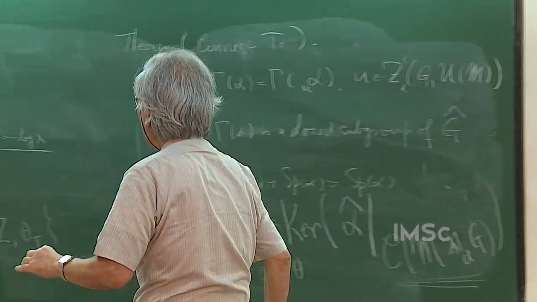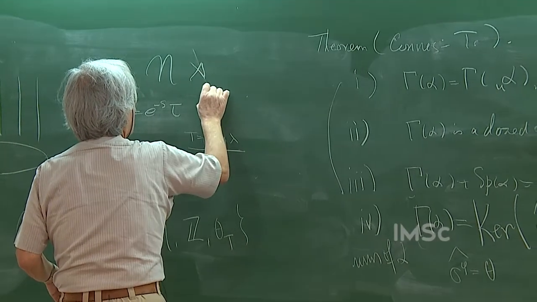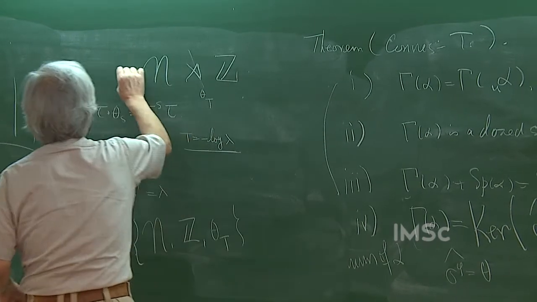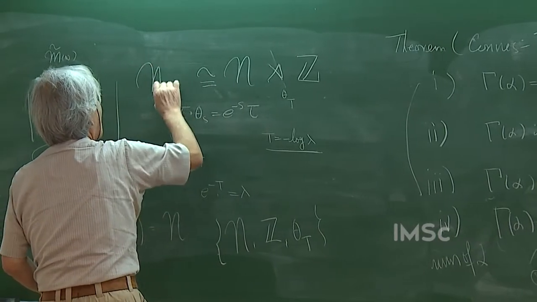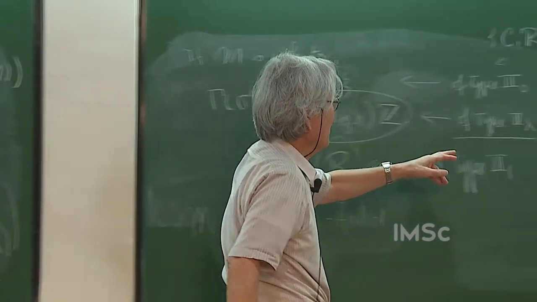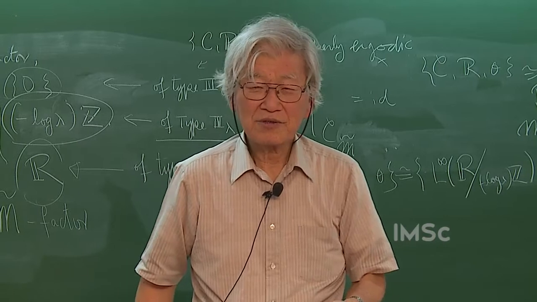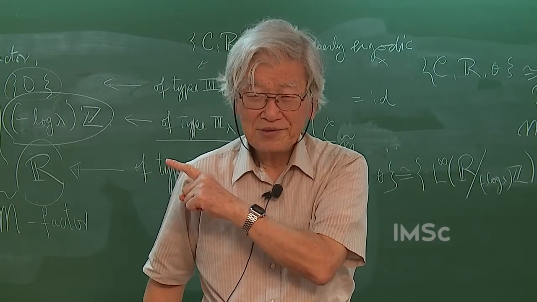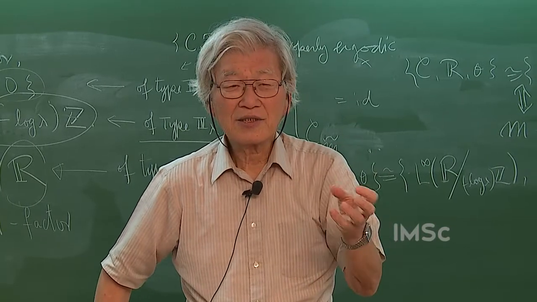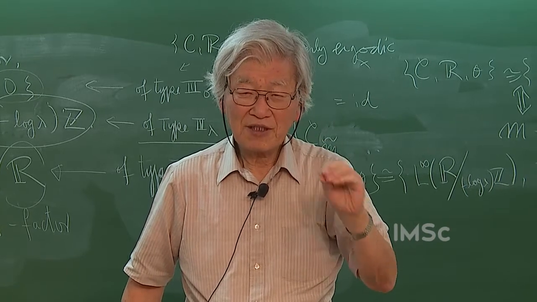And if you make the cross product under theta t, the integers, then this is isomorphic to M. A 3 lambda factor has a discrete decomposition because of this. And this is the so-called Connes discrete decomposition of a factor of type 3 lambda.